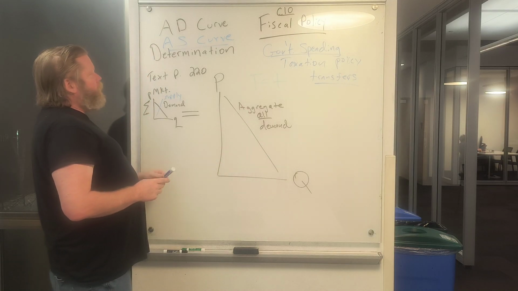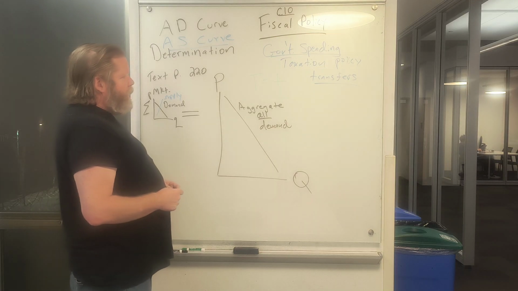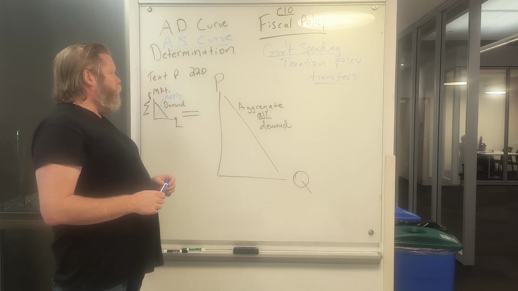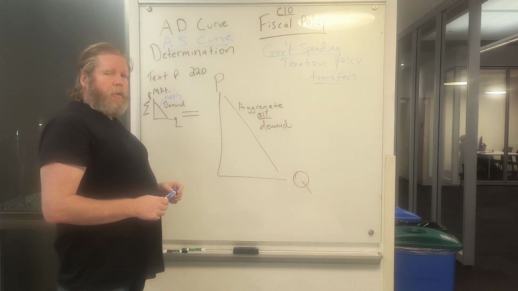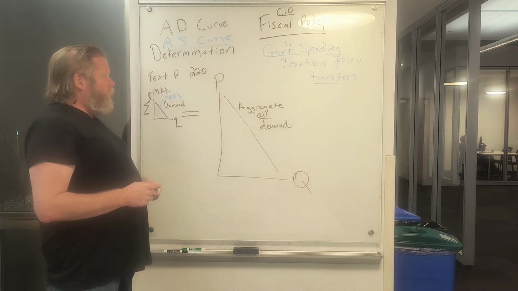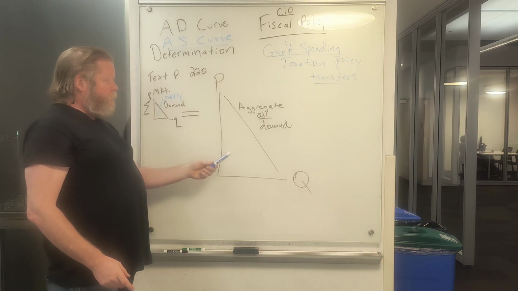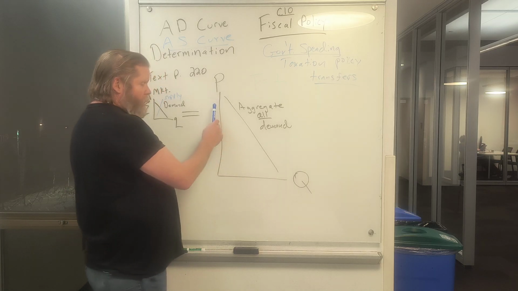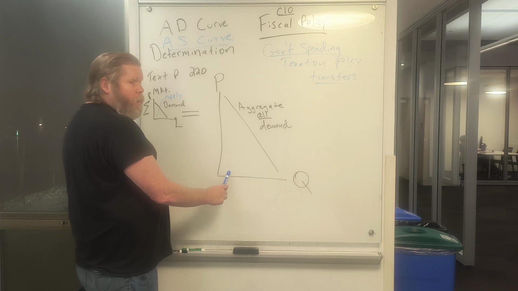Now, how it's determined and what shifts it and so forth are talked about on page 220, okay? That'll tell us why in aggregate demand, for higher prices, there's lower quantity demanded.